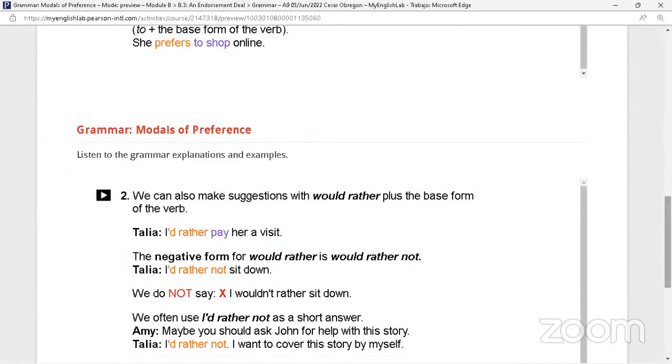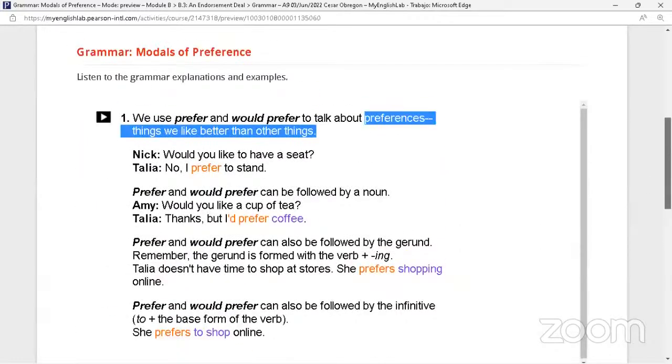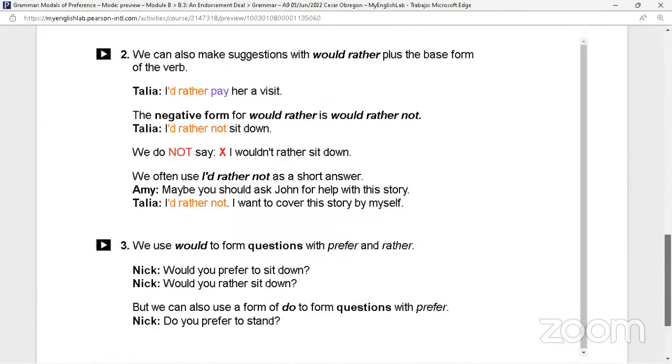When we talk about a suggestion, when you suggest something, you use would rather. Because in the end, if you think about translating into Spanish or interpreting, it is the same definition, right? For us in Spanish, would rather and would prefer is the same definition if we interpret. But in English, it's different. Would rather, we use it for suggestions, and would prefer and prefer to talk about preferences. Don't forget that, okay?